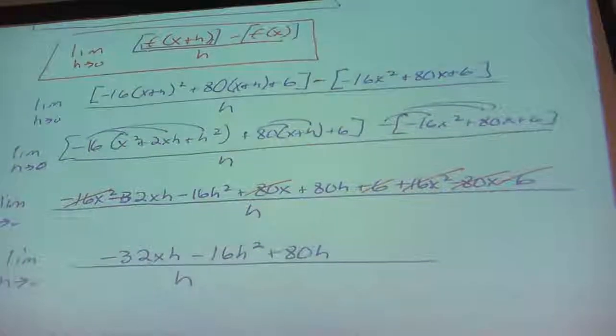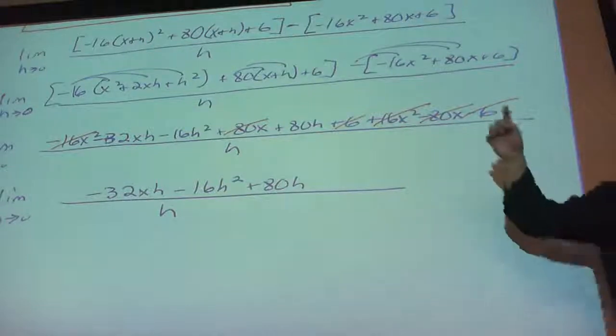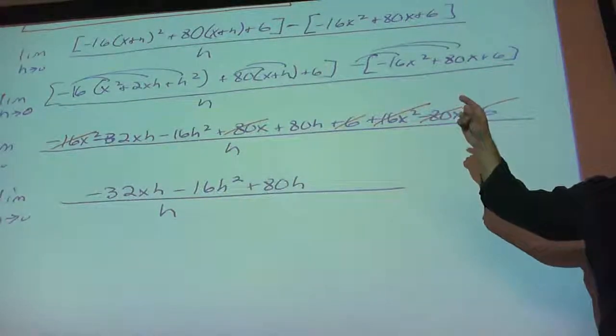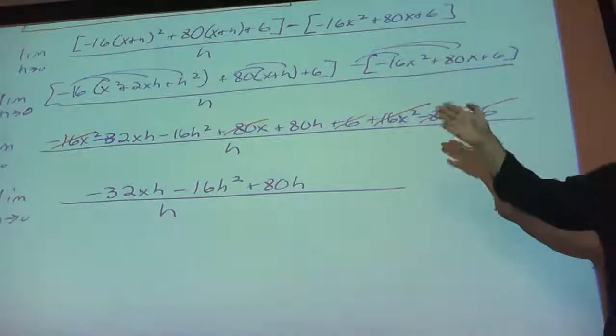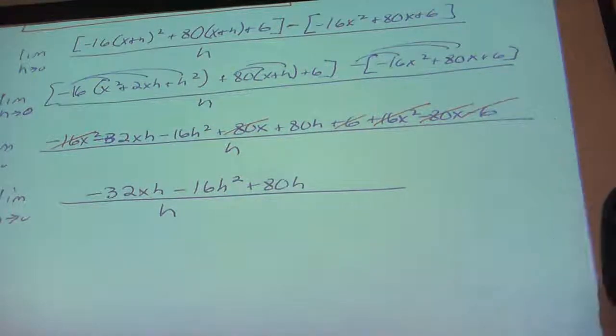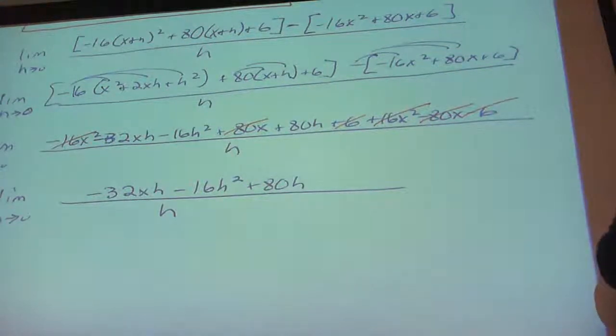Now stop here. Just make sure we're all caught up. And I have written every single time, limit as h approaches 0, because every single time, if I plugged in 0, it's undefined. But at this step, what could I do to get rid of that h on the bottom?